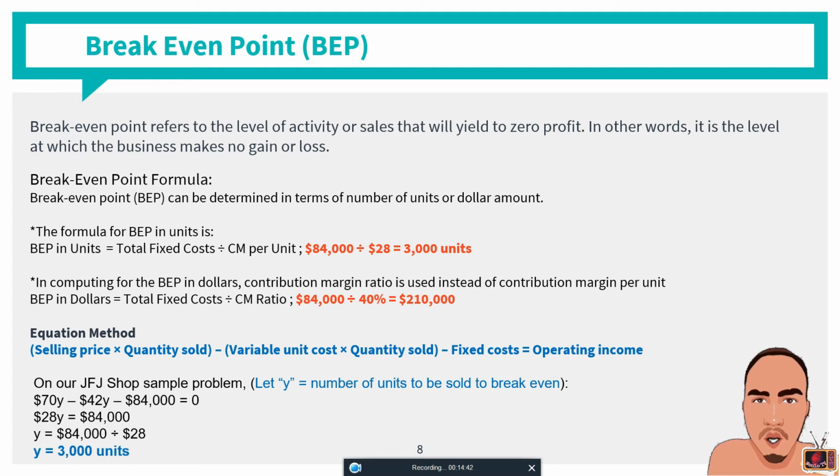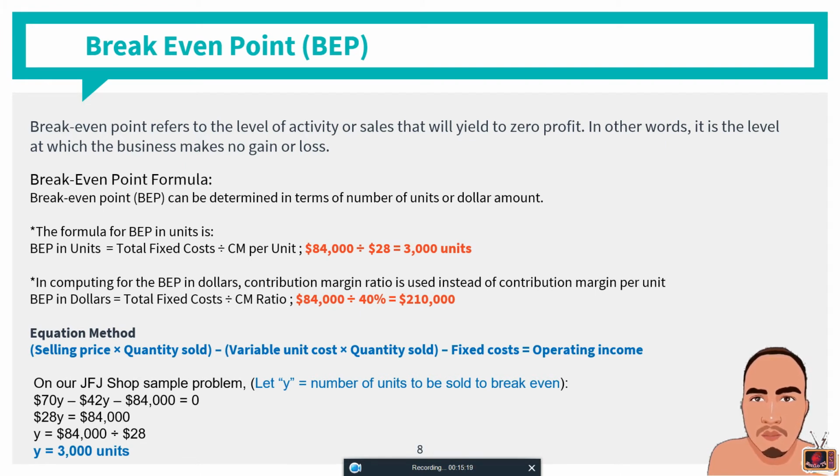So it would equal 3,000 units. So what does this formula tell us? It means we have to sell 3,000 units of pants to reach the break-even point. At this point, when we sell 3,000 pairs of pants, we are at our break-even point. No gain, but our capital is already returned.